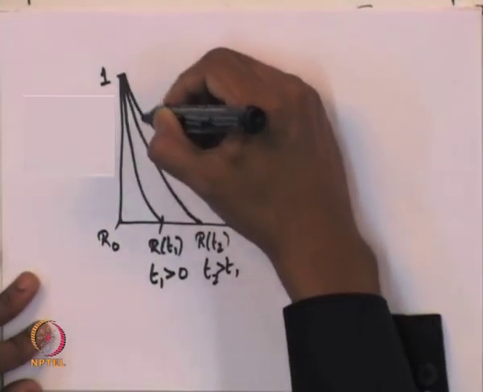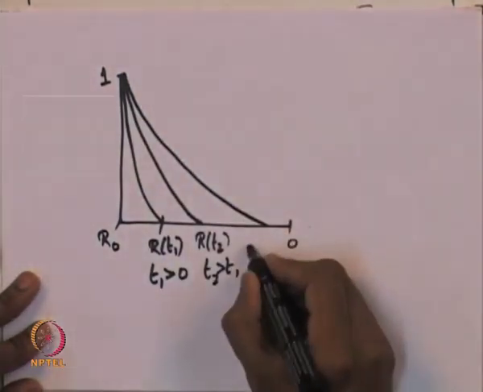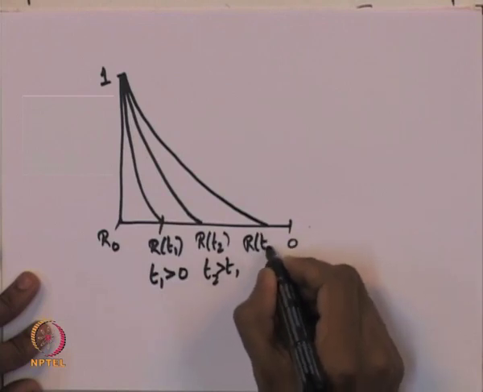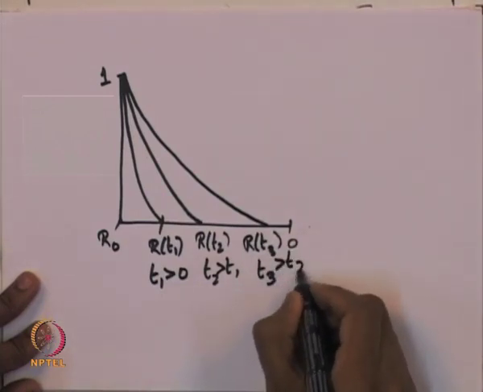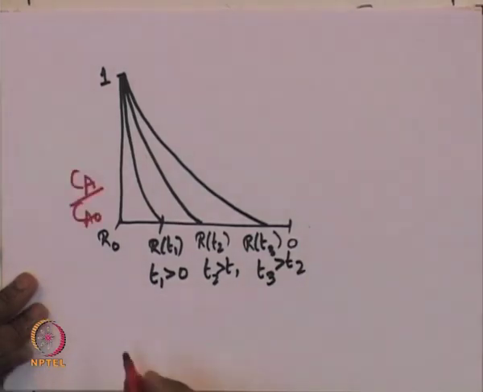And then at a much later time the profile would be as shown. So that is the concentration of species A as a function of position at various times.